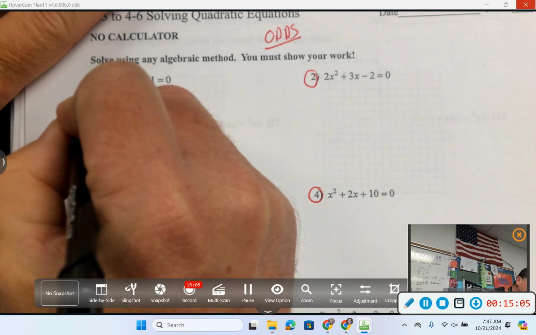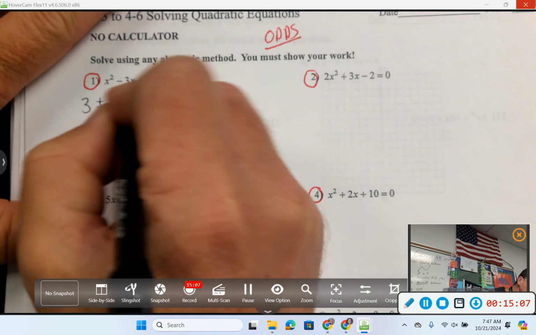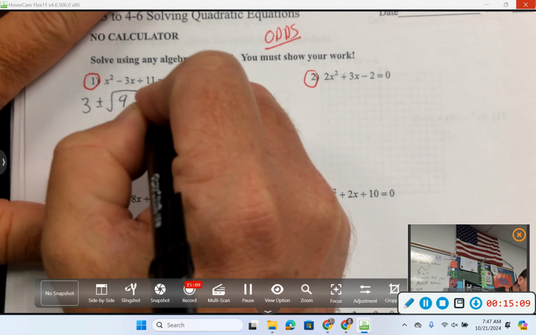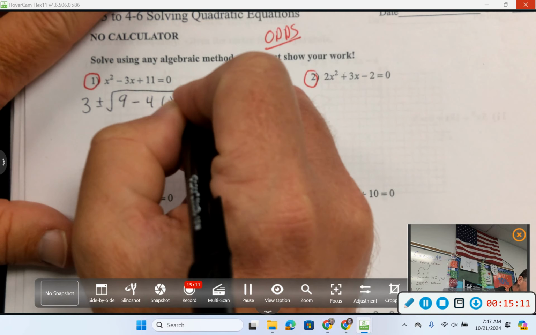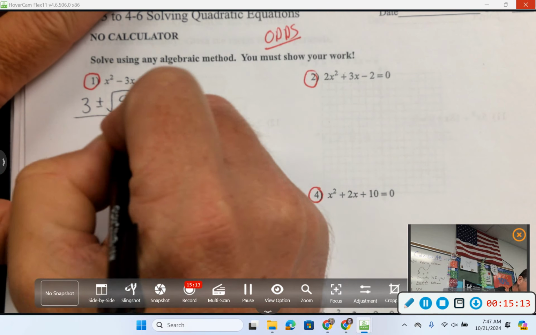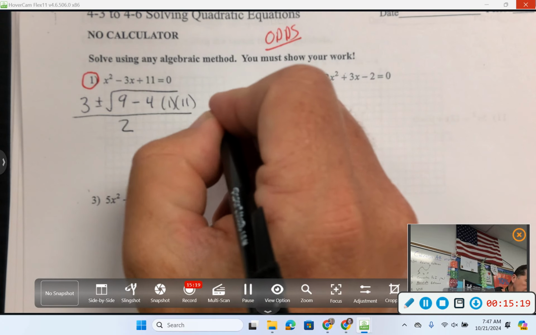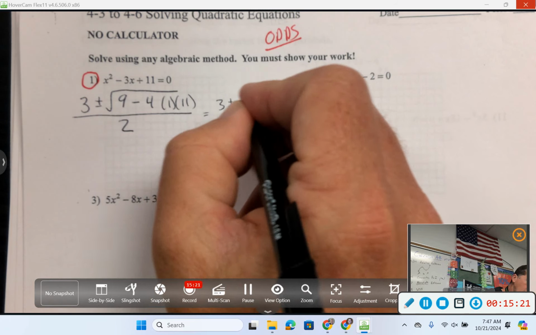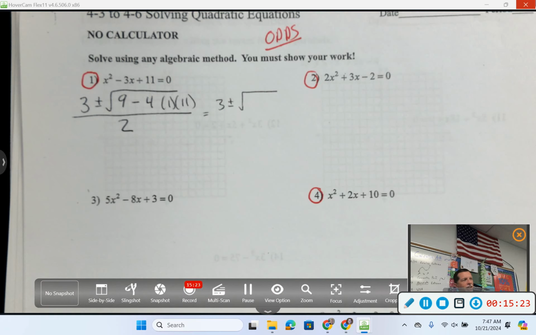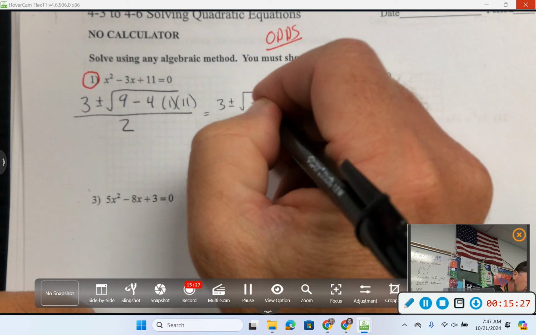x equals negative b plus or minus the square root of b squared minus 4ac, all over 2a. 44 minus 9, 35, but negative 35.